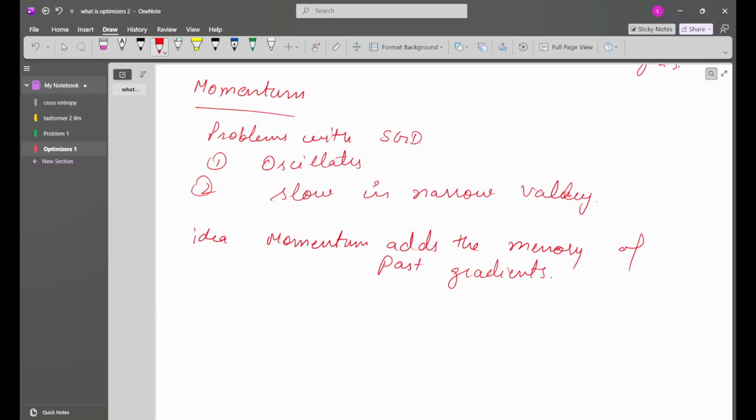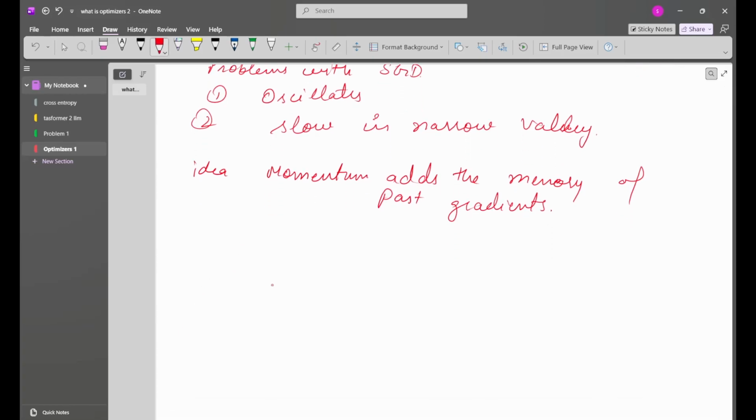Let's understand the formula of momentum. Momentum adds this velocity factor. Beta is a hyperparameter here. This is our gradient, same as this. We can also write the same derivative with this notation.